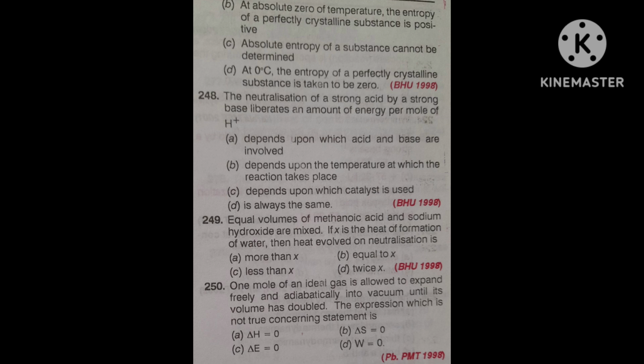It will certainly be less than that. And why is it less? Because some heat is used up in ionizing the weak acid. The correct option is option C, less than X. As methanoic acid is a weak acid, heat of neutralization will be less than X.